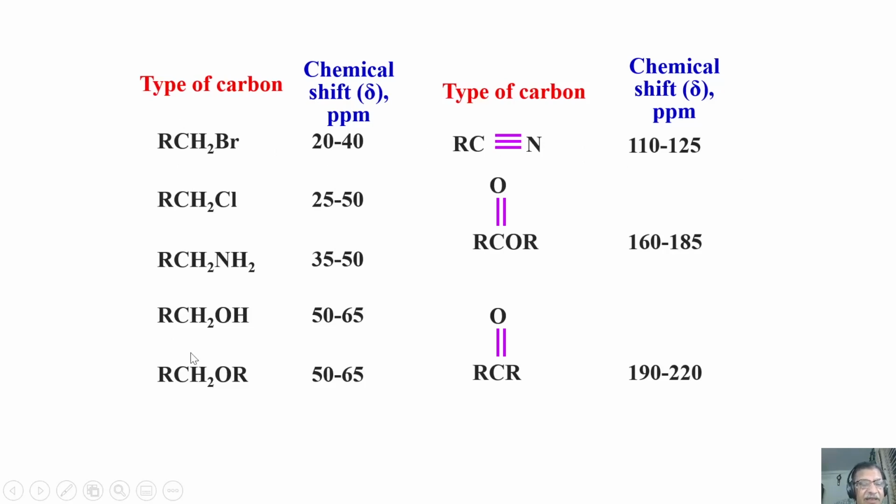Extend the logic like this. If R group is C double bond O, with R on either side, this carbon comes very downfield, 190 to 220 ppm.